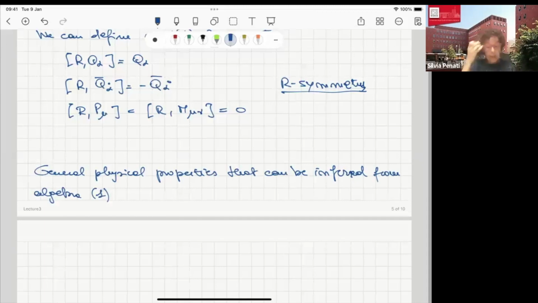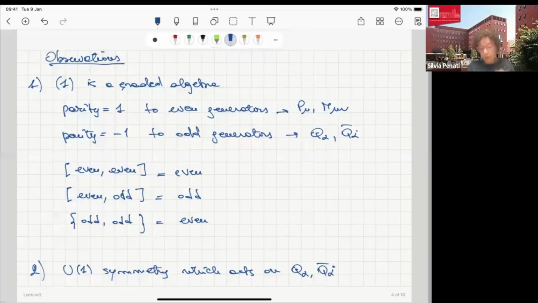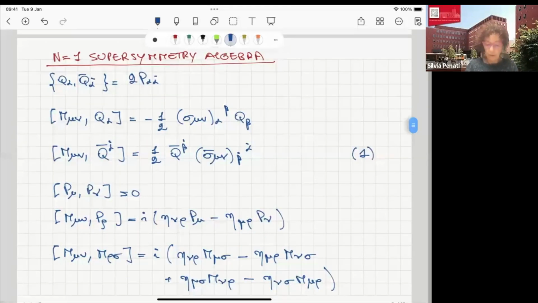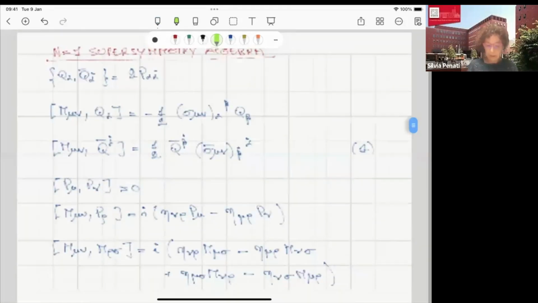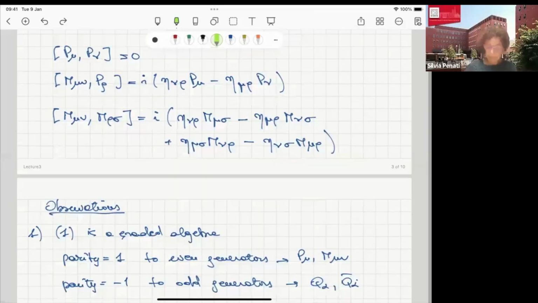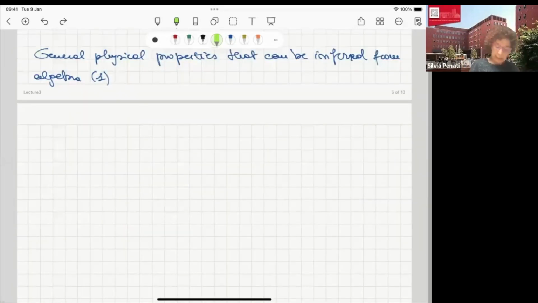Okay, in particular, the news in this algebra is the first anti-commutator. Sorry, this one. Okay, this is kind of a new thing. So let's focus on this anti-commutator and see what happens. Consider {Q alpha, Q bar alpha dot} equal to 2P alpha alpha dot.